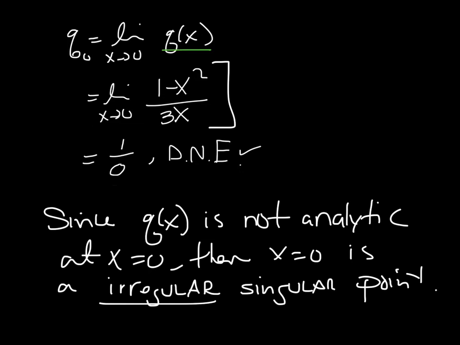So that's pretty much it. Again, it's not analytic. You can also say, since one of the limits doesn't exist, it can't be regular singular, because in order for it to be a regular singular point, both little p of x and Q of x have to be analytic, and of course it fails here.